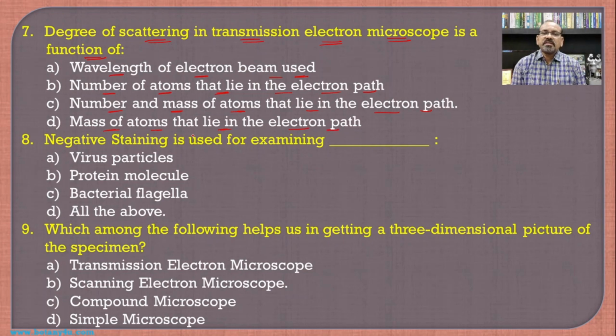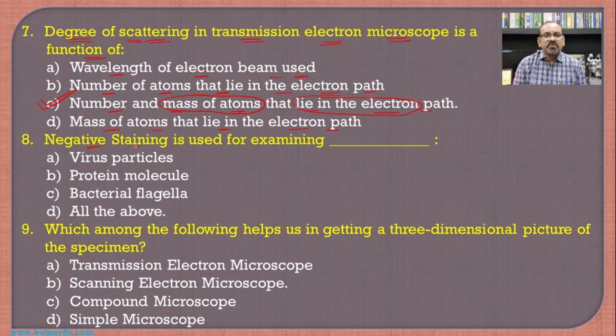All of these are used in the transmission electron microscope. But here the question asks about the degree of scattering, and that is completely dependent upon the mass of atoms that lie in the electron path, and hence it becomes the answer for this question.